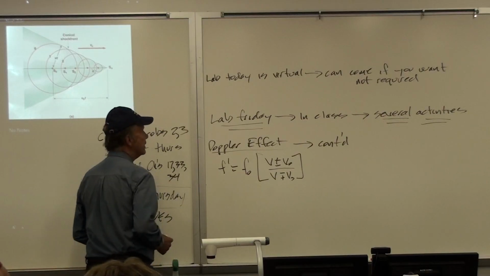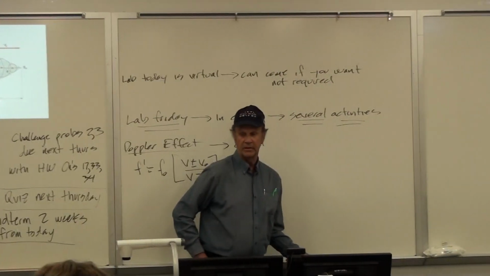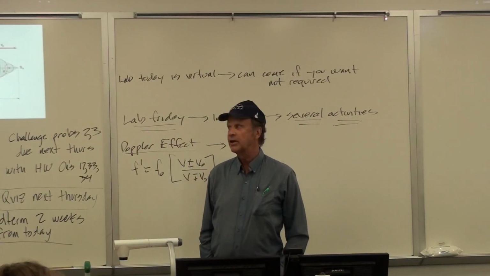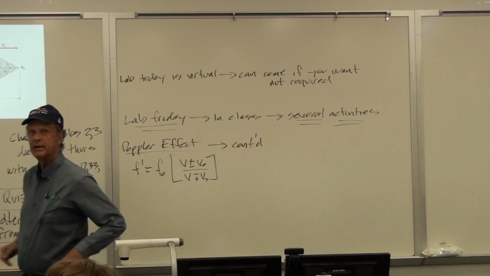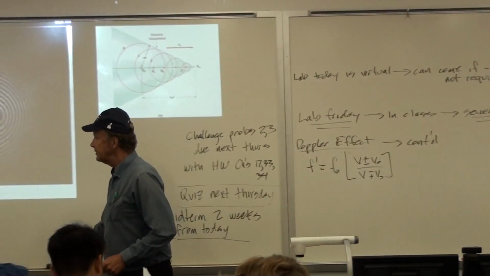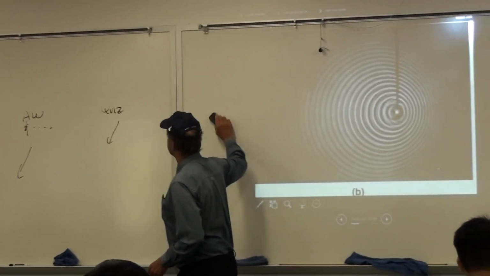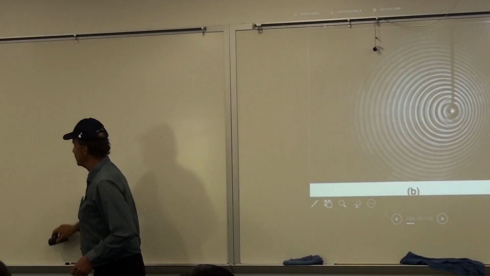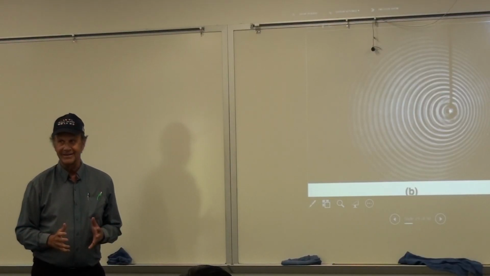So there are a couple of subjects that I still want to finish up from chapter 17, and so I'll start class with that, but then I'll jump right into chapter 33. The reason we're making such a big jump in the chapters is that chapter 33 is when we start dealing with the properties of light waves. And so in order to understand light waves fully, you have to go through all of the principles of electricity and magnetism.